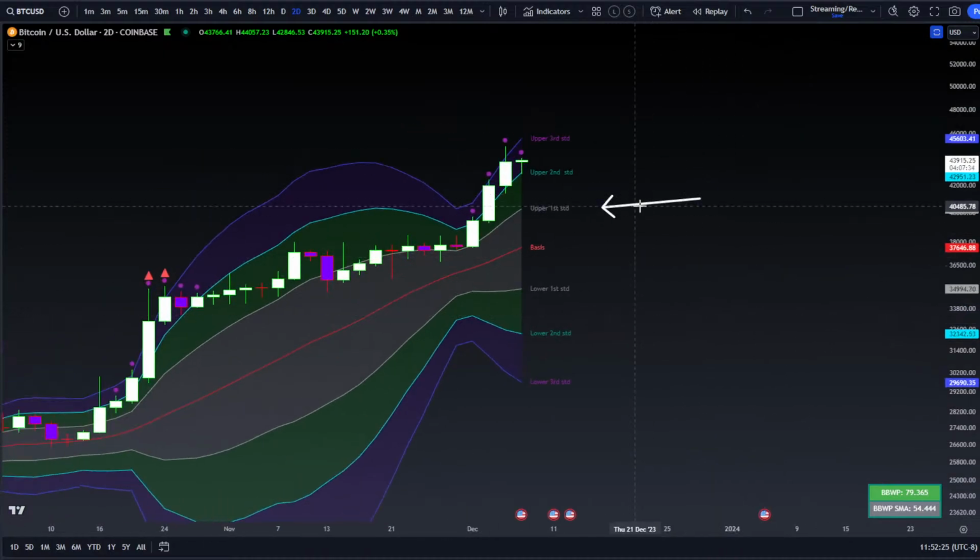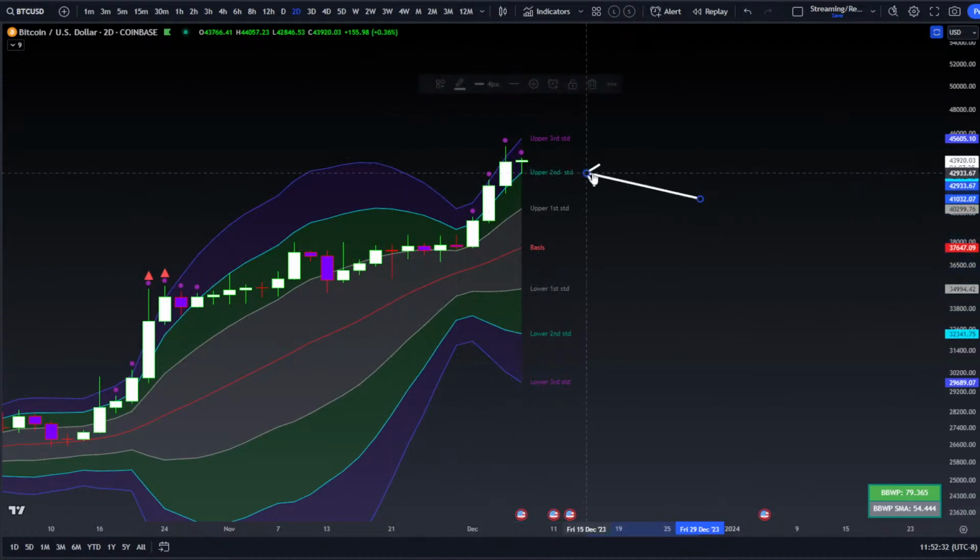But what's more important here is this compression that happened on the bands to re-expansion, and the 2-day is still trading above the upper second standard deviation. If it closes above here, and that's at $43,000, then that is likely going to move to somewhere around the previous 2-day close, which is 43,764.